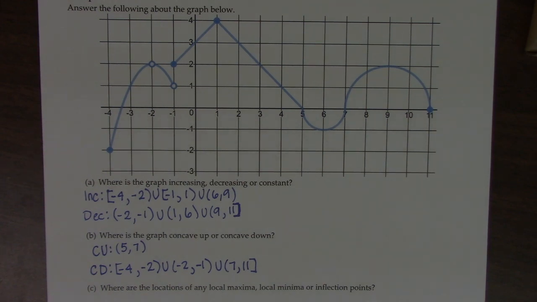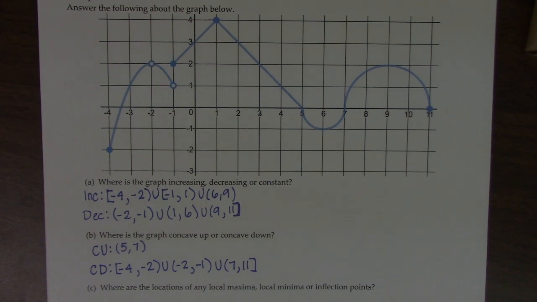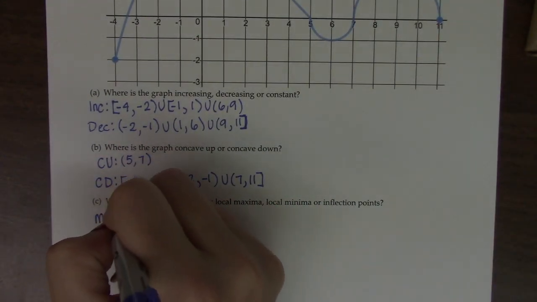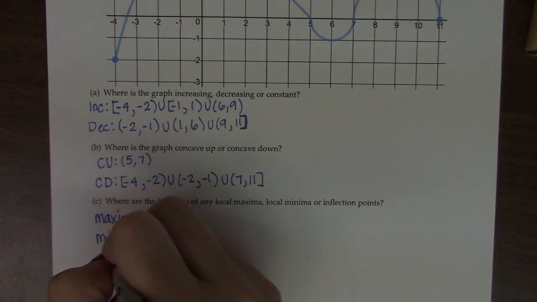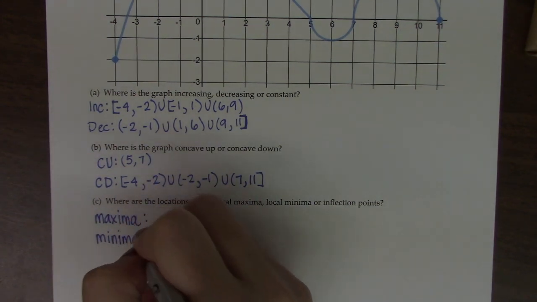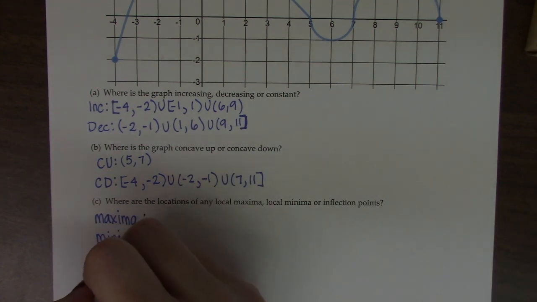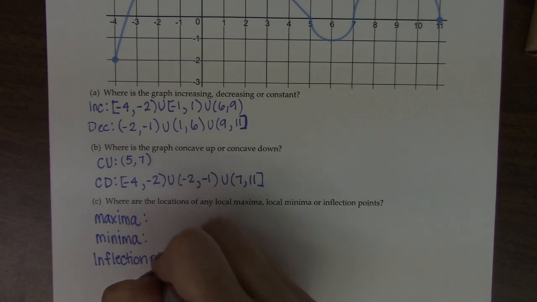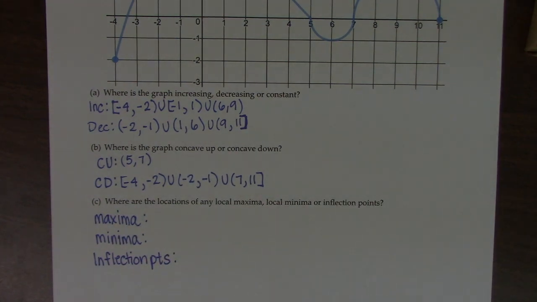So where are the locations of any local maxima, local minima, or inflection points? Let's look at the maxima first. So we want to list out the maxima, any minima, and any inflection points.